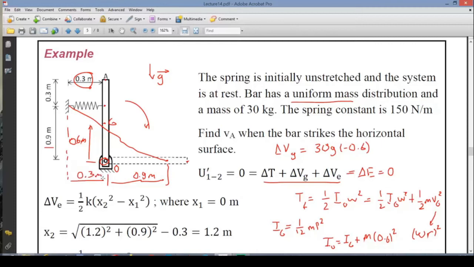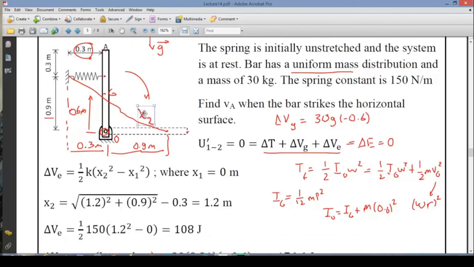The total stretch is 1.2 meters here. Initial length is 0.3, so the stretch here happens to be calculated by this total length, which is let's call it x2. X2, or maybe I should call it something else.